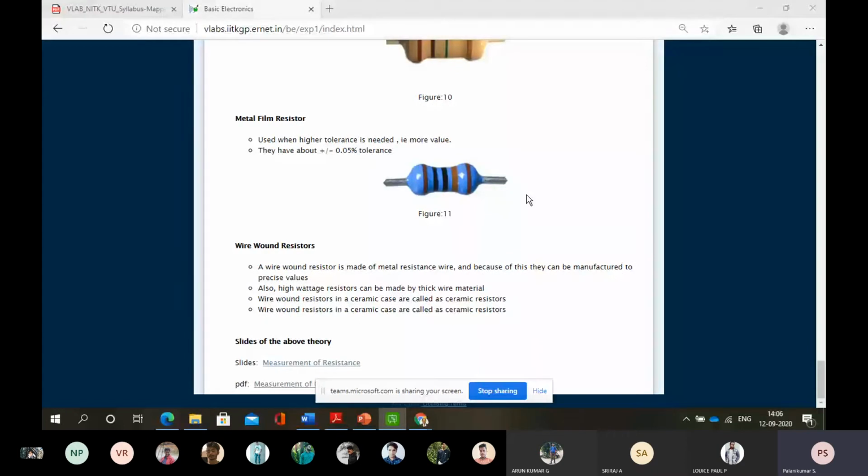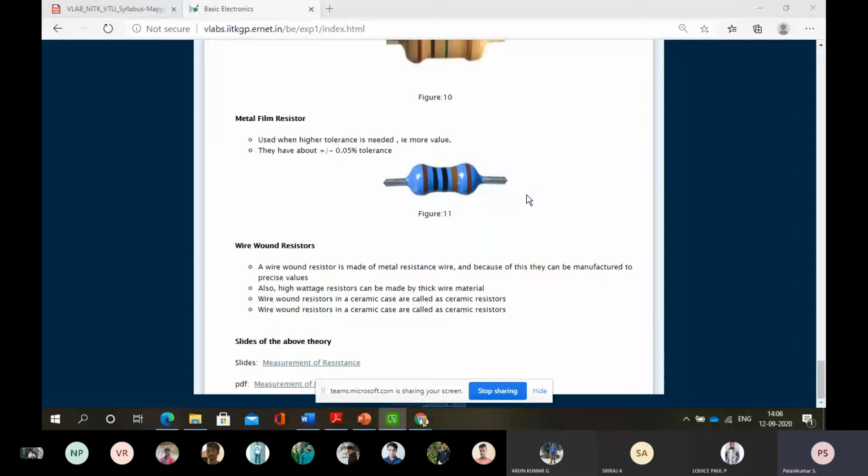In real time, from the fourth semester onwards, you may have to construct very complex circuits on a breadboard, and in those you may have to handle at least 4 or 5 resistors.